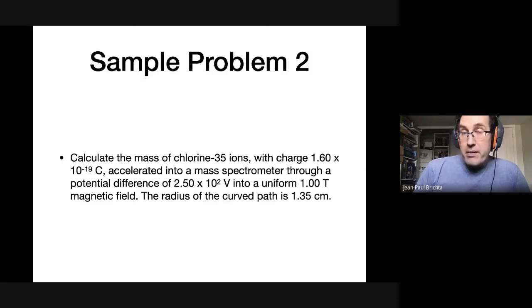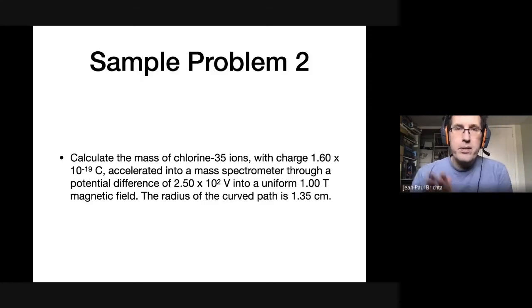Again, if we break this down into parts, you can see that the first thing we need to do is we need to know how fast these chlorine 35 ions are moving once they leave the electric field, right? So in other words, the first thing we need to know is how fast are they coming out of the electric field accelerator. Okay, so how's that going to go?